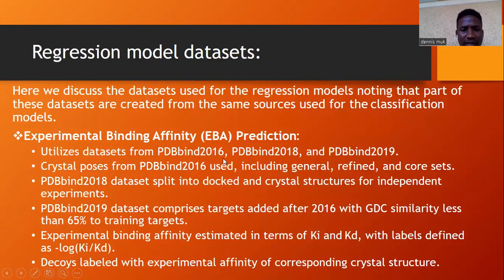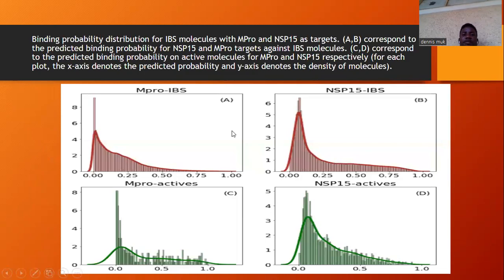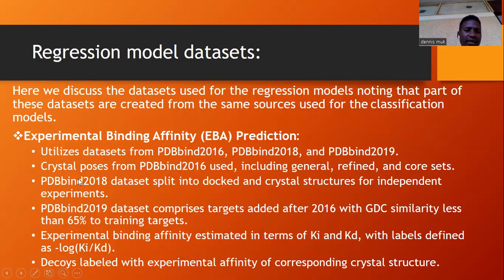So basically, what they are talking about here is explained in this graph down here, in that the PDBbind 2018 dataset splits into docked and crystal structures for the independent instruments. Then the PDBbind 2019 dataset comprises targets added after 2016 with GDC similarity less than 65% of the training target.